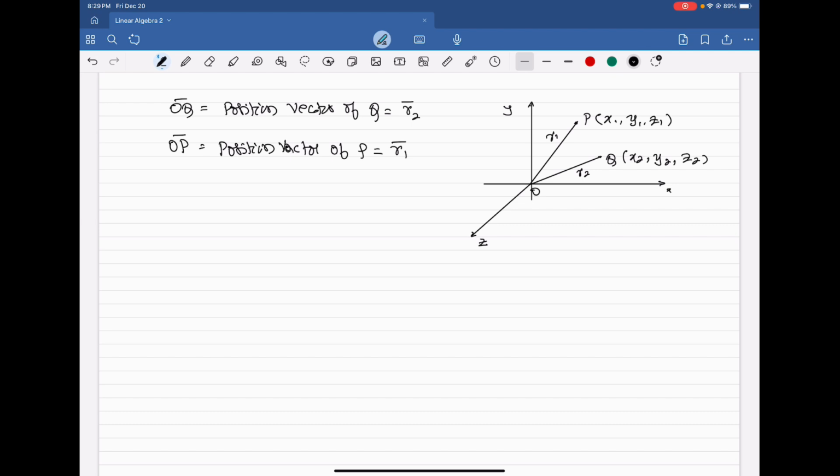Then when you connect P and Q, what will be PQ? PQ is the distance vector.